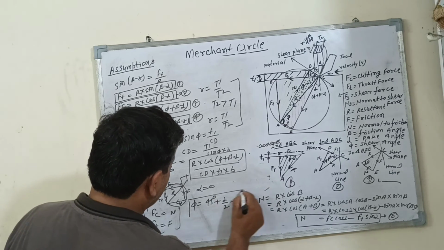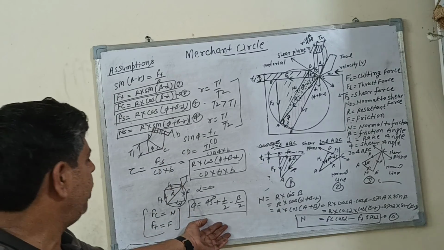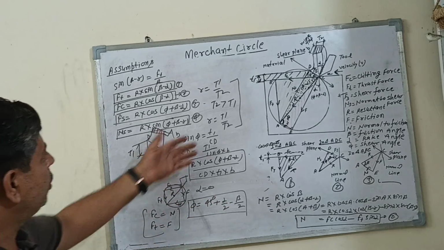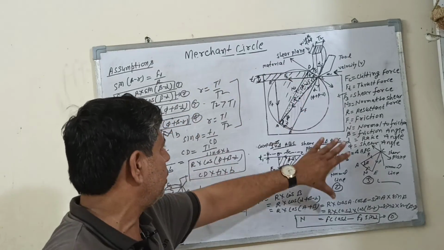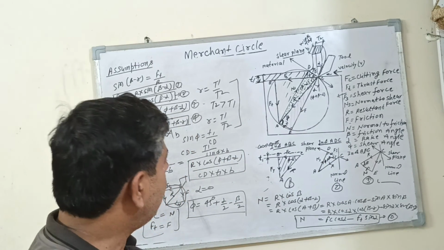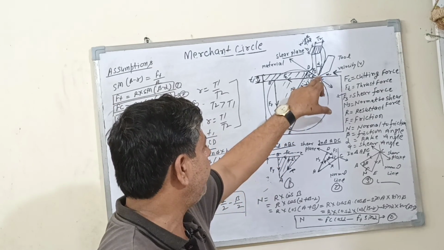This formula is also used in the minimum energy principle. The Merchant circle is used to analyze the different types of forces acting at this point when the tool is cutting the material.